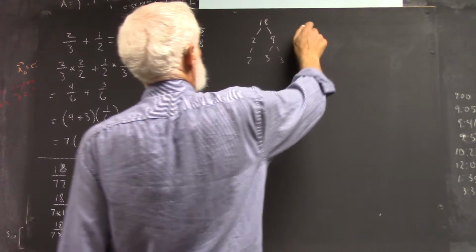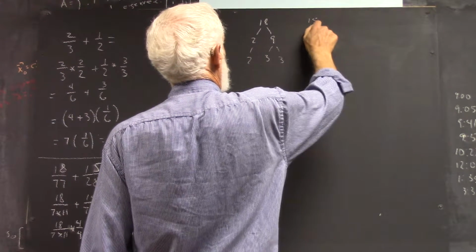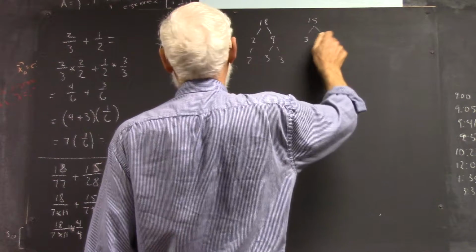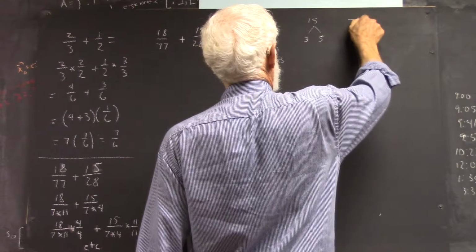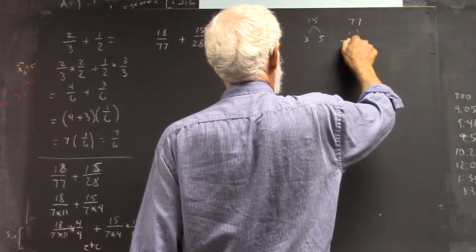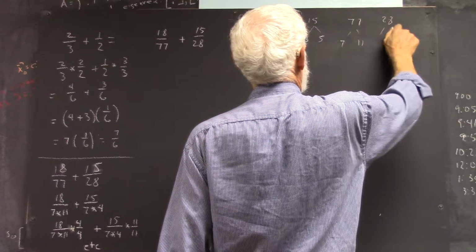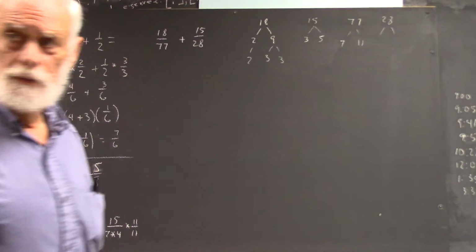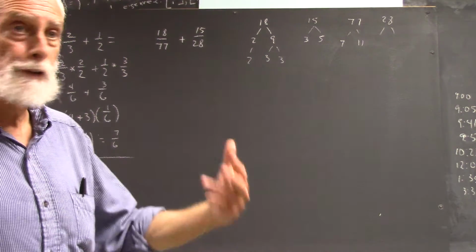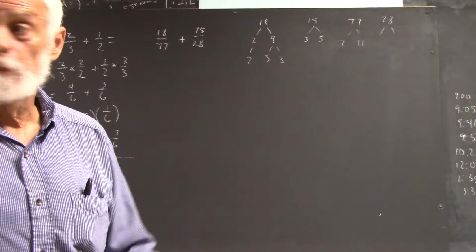Similarly, 15 breaks down to 3 times 5. And 77 breaks down to 7 times 11. And 28, okay, what's that break down to? First step. Start with the smallest prime.